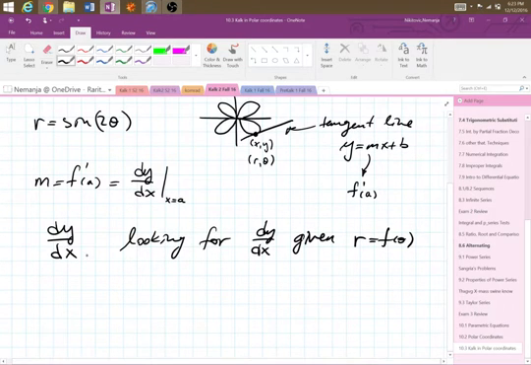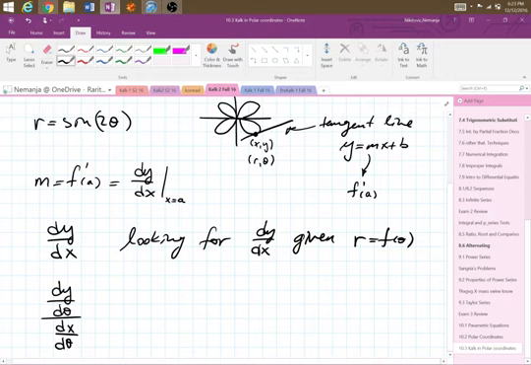I start from dy dx, and I say to myself, well, I can actually write this as dy over d theta divided by dx over d theta. Remember in parametrization, you just had 1 over t?